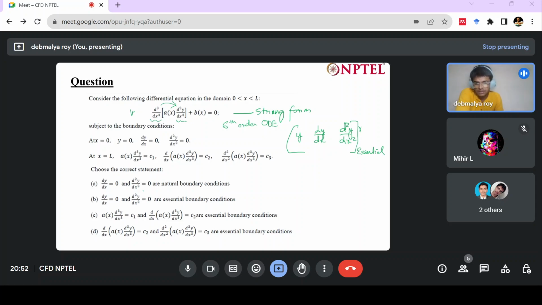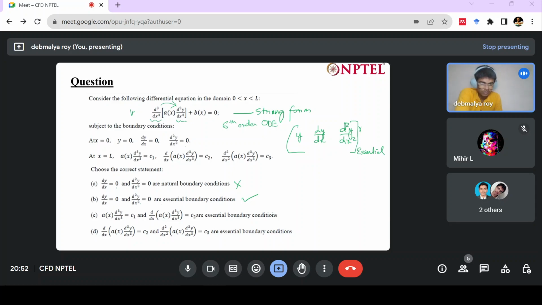So let's select. Here these are natural boundary conditions, so this is not true. If these two are specified, then these are essential boundary conditions. This is true. That's what we discussed. This is a third order derivative, already a higher order derivative term.